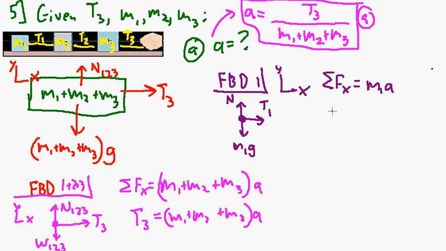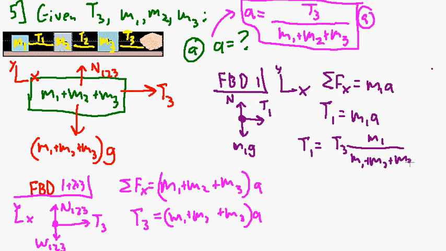So T1 equals M1 times a, and if we really want to plug this in, T1 equals T3 times M1 over M1 plus M2 plus M3. That is our answer for part B.